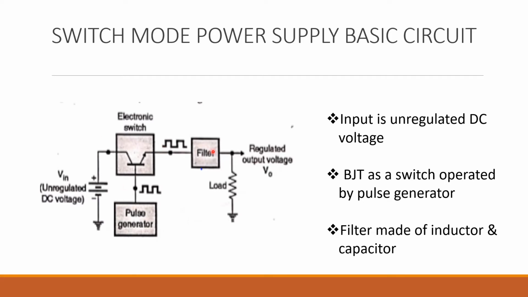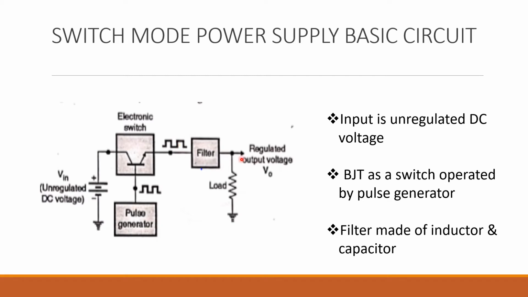Unregulated DC is connected to filter. Filter is having components like inductor and capacitor. Inductor is energy storing element which stores the charge in its magnetic field. So for on period, you will get voltage here, whatever SMPS rating is according to that. For off period, transistor is off. Transistor is off, it means there is no connection between unregulated DC and filter section.